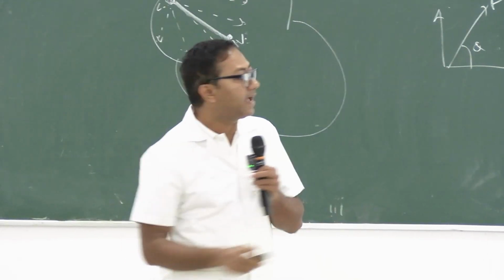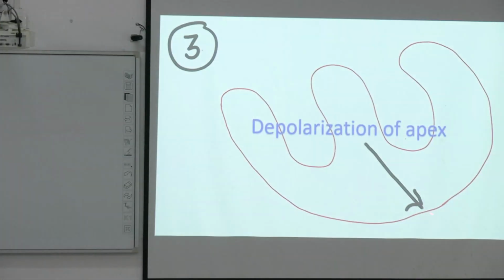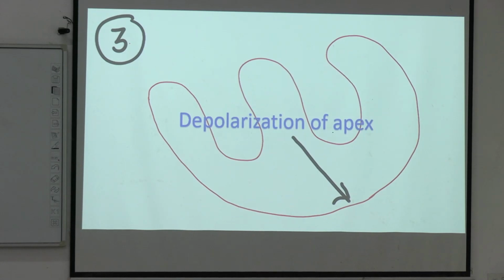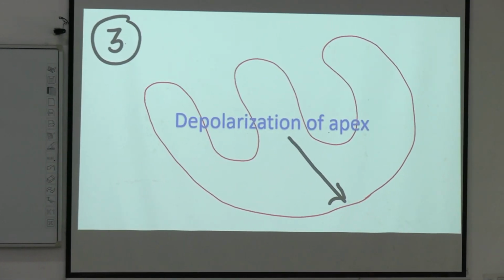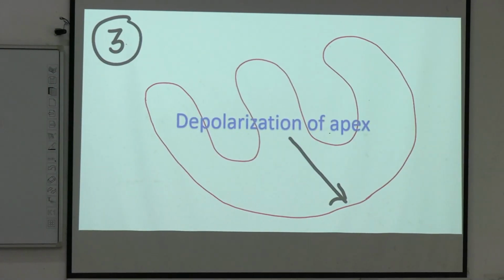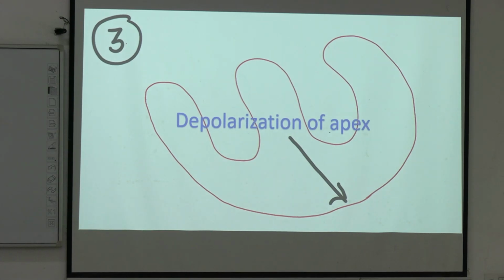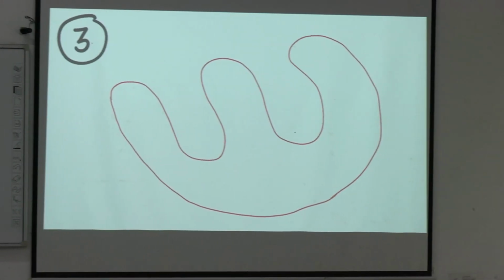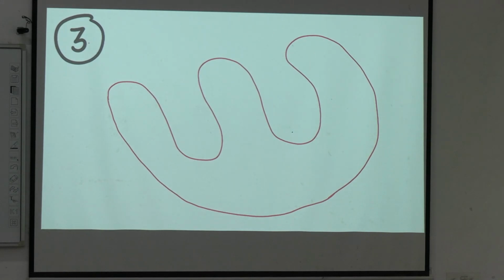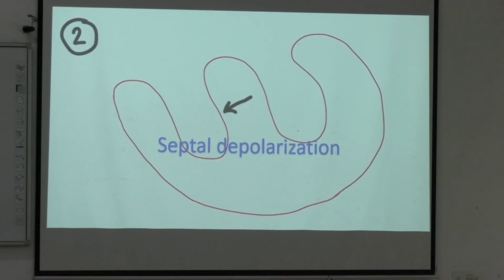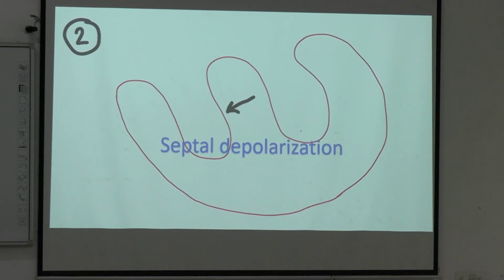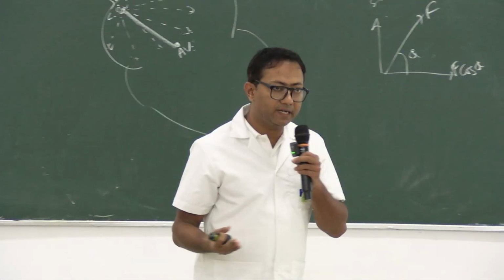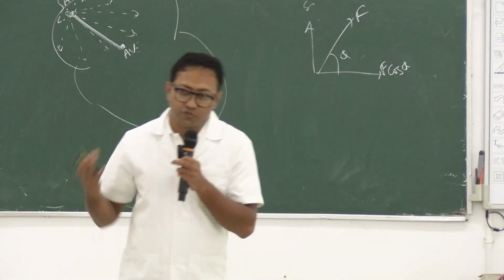The magnitude is its length, and the direction is the direction of the arrow. So if you compare this depolarization vector for the ventricular apex with the depolarization of the ventricular septum, directions are definitely different, and the magnitude is also different.